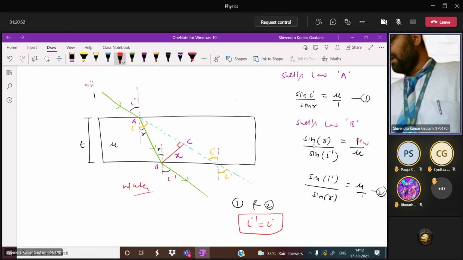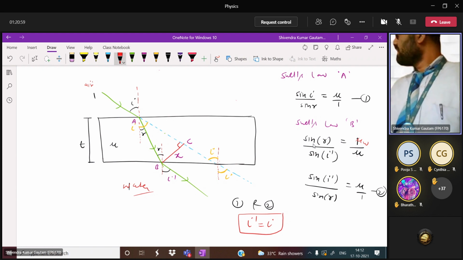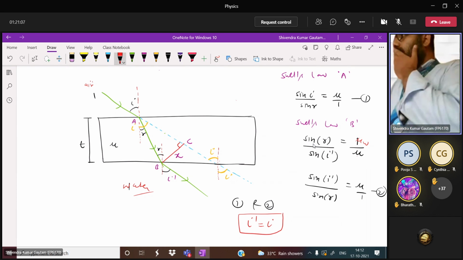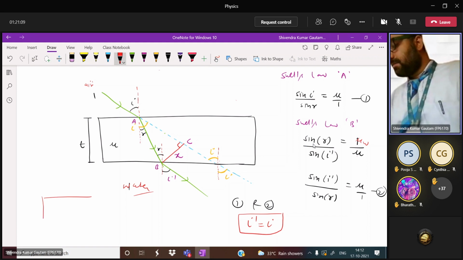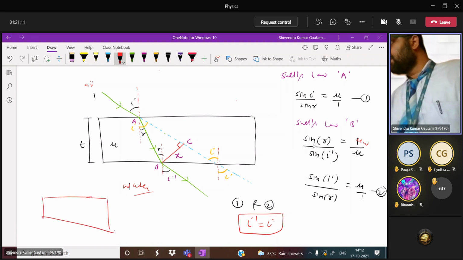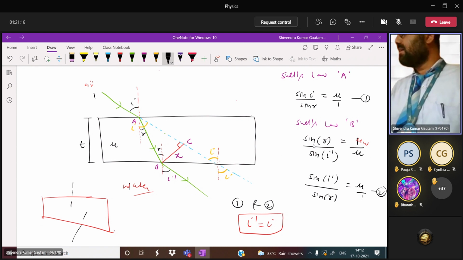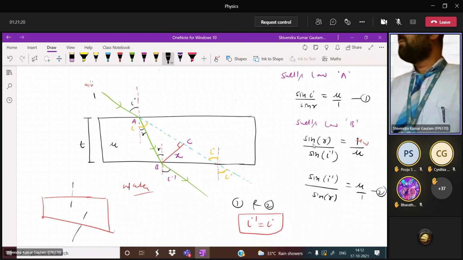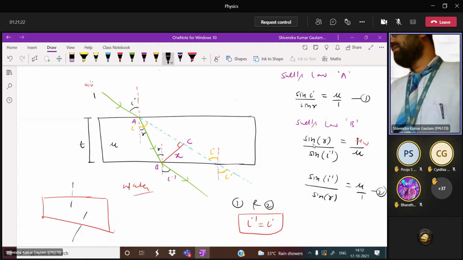Second condition: are all three normals parallel to each other or not? How have we written this i equal to this i? Only when they are parallel. How have we written this r equal to this r? If the slab is given like this, the normals will be like this. If the normals are not parallel, then you cannot say that the rays are parallel.